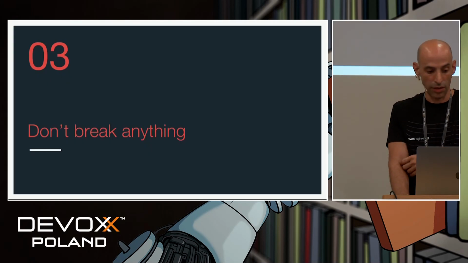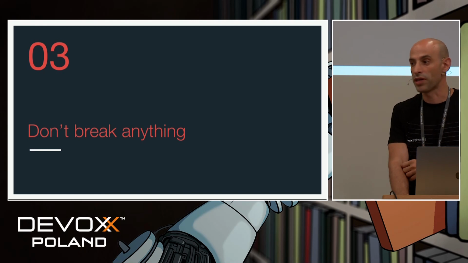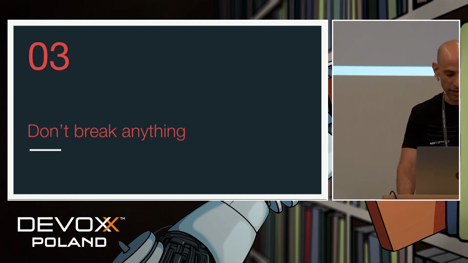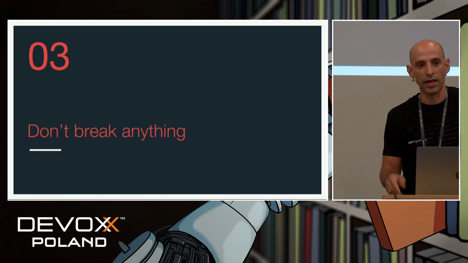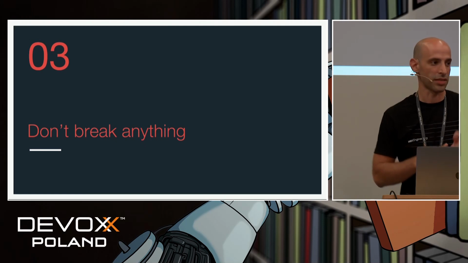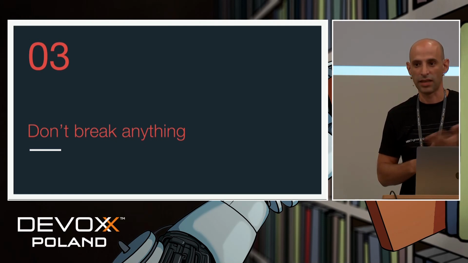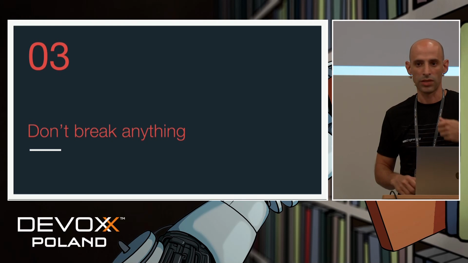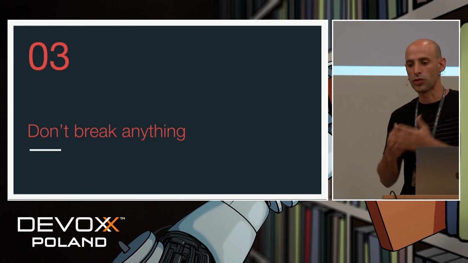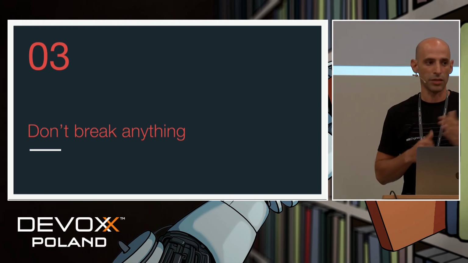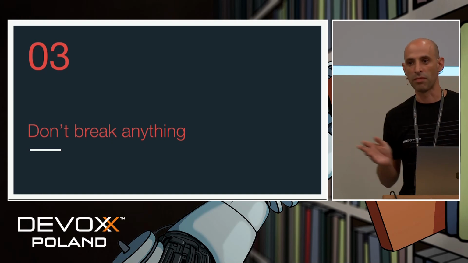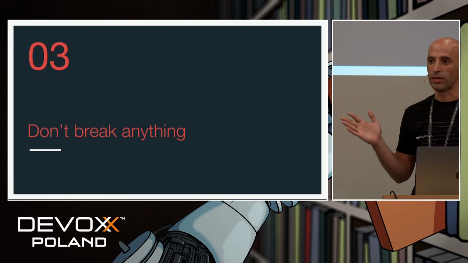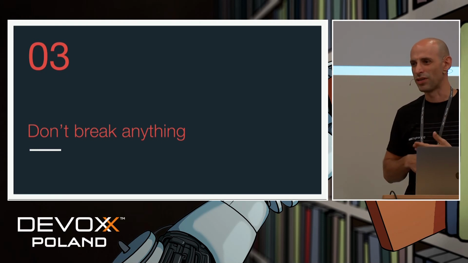And the third point is you don't want to break anything. During the performance tests that I did for this feature, I was testing a few scripts, and we were using a specific library, and that library was limiting the request to 15 megabytes, or even less, I'm not sure.